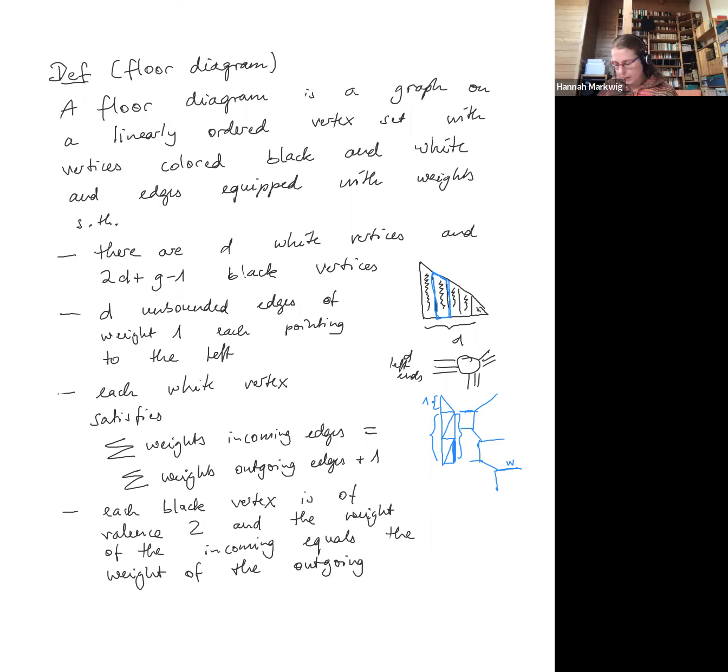And why is that? Because the black vertex is just like a point on an elevator. And if that edge has a certain weight, it has this weight on the right and on the left of the point, right?